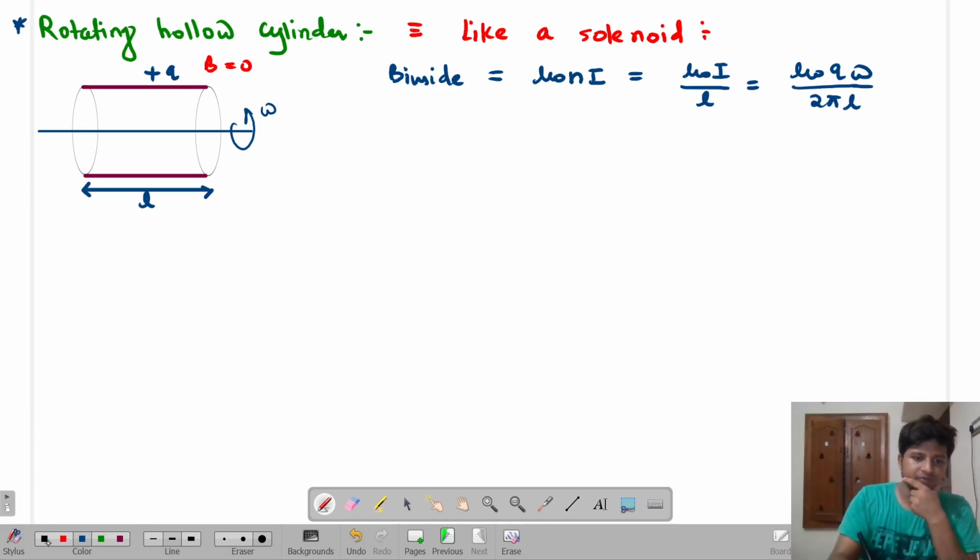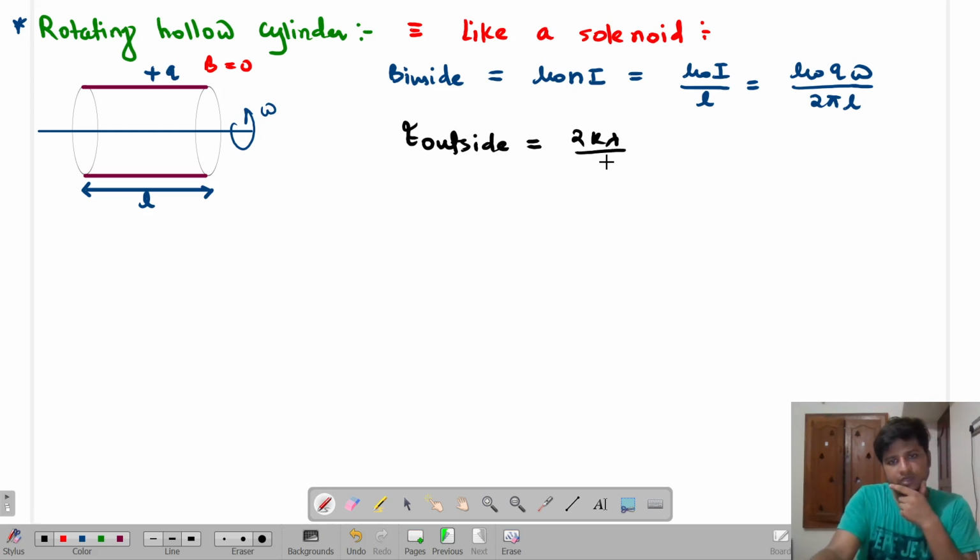Here the opposite happens with the electric field. Electric field outside is zero. Sorry, outside it exists, which is 2k lambda by r, while E inside is zero.